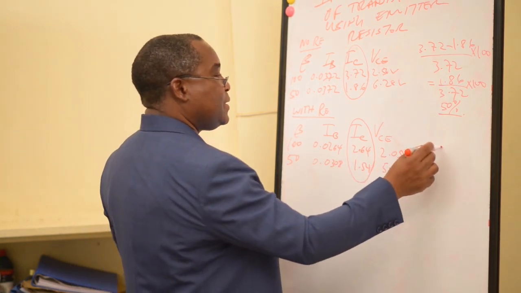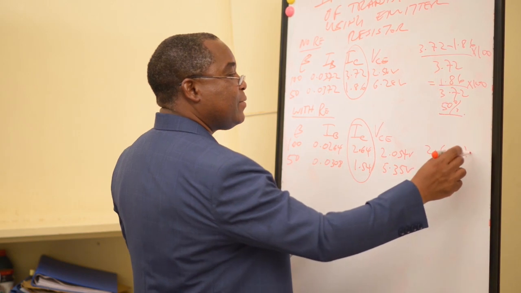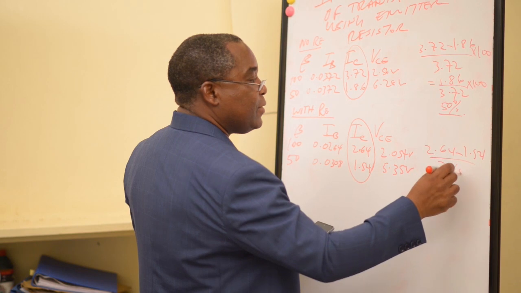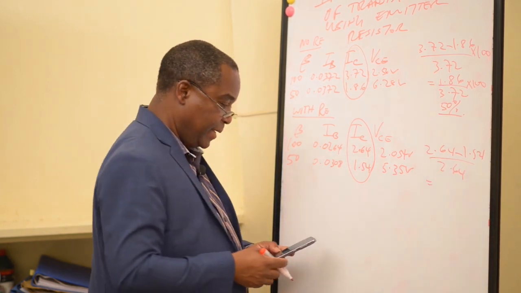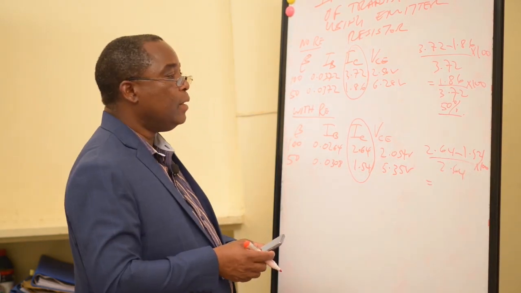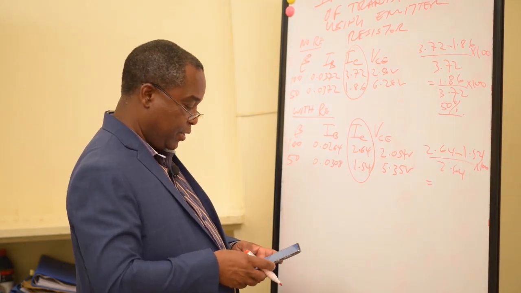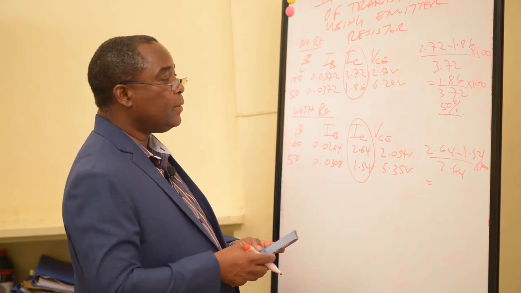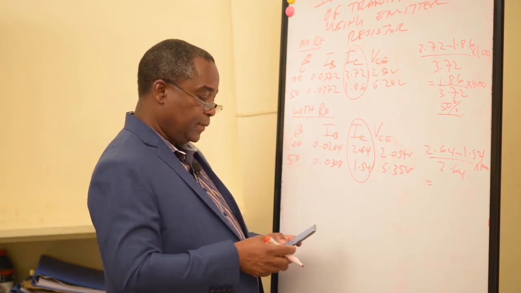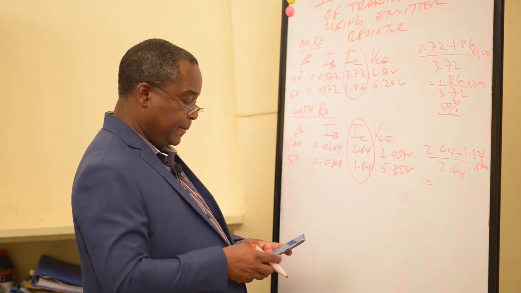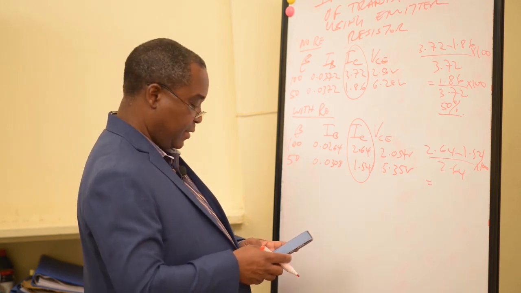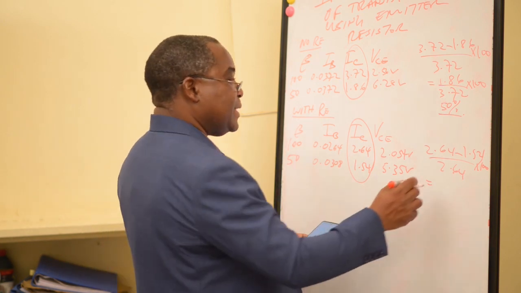Take a look here when we introduce an emitter resistor. Likewise, 2.64 minus 1.54 over 2.64. How much percent do we have here? Of course, times 100. A normal calculator, 2.64 minus 1.54, get 1.1. 1.1 divided by 2.64, we get here 41%.